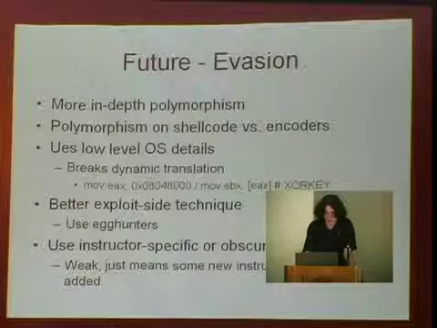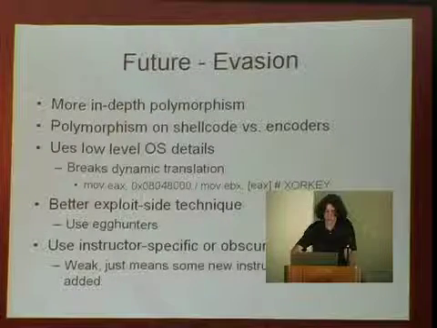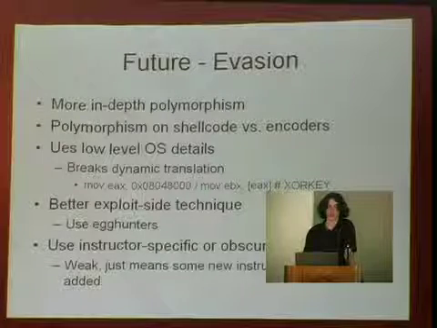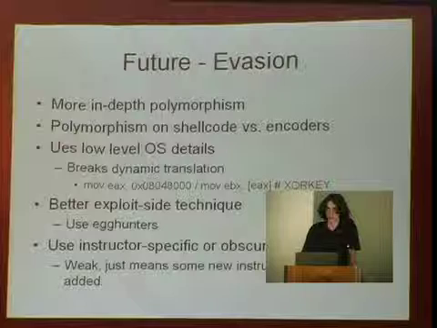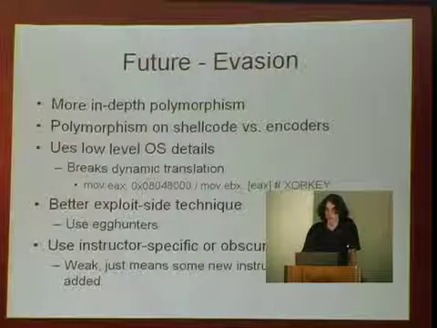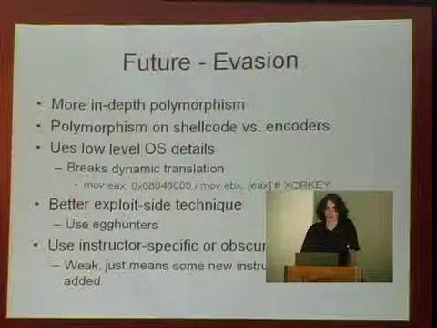Let's skip better exploit side technique for now. Using vendor-specific or obscure instructions may be useful for breaking dynamic translators temporarily. Dynamic translators are going to understand the basic instructions. They're going to understand XOR. They're going to understand move.